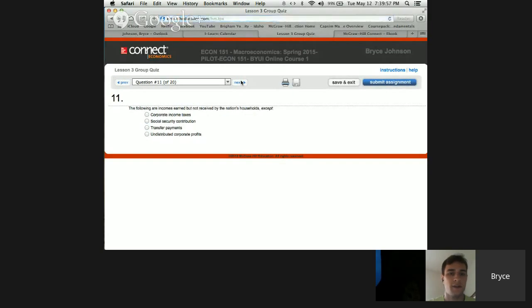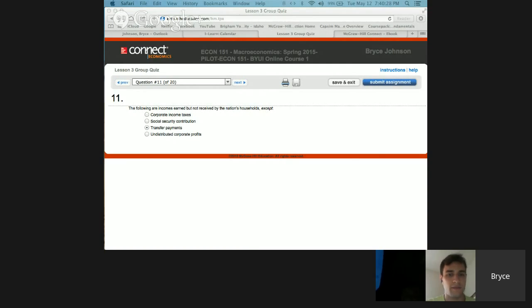Do you want me to take the next one? Sure. The following are incomes earned but not received by the nation's households except for, and I chose the third one, the transfer payments. I chose the last one, undistributed corporate profits, because somewhere in the textbook it says the first 3 are all part of the nation's income, while the last one isn't. I actually chose the third one as well.